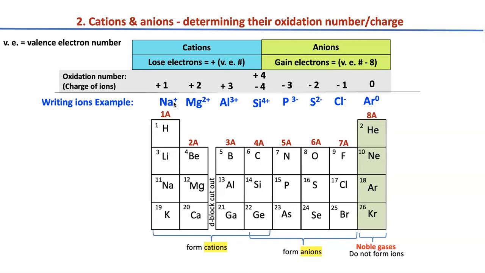If you have more than 1, then we write the number and the sign. So if you lost 2 electrons, you make 2 plus ions. So Be, for example, would make Be 2 plus ions. You write this as a superscript. This top number is called a superscript. You must remember that.